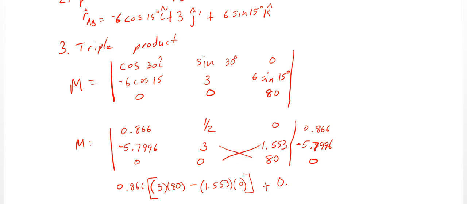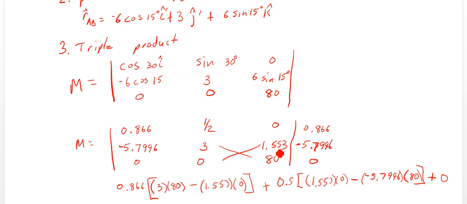Plus 0.5 times what we have here. I added my extra row, so I'm going to have 1.553 times 0 minus negative 5.7996 times 80. And then in my last direction, I have these two zeros, and I'm multiplying by 0, so I'll just write that as plus 0.